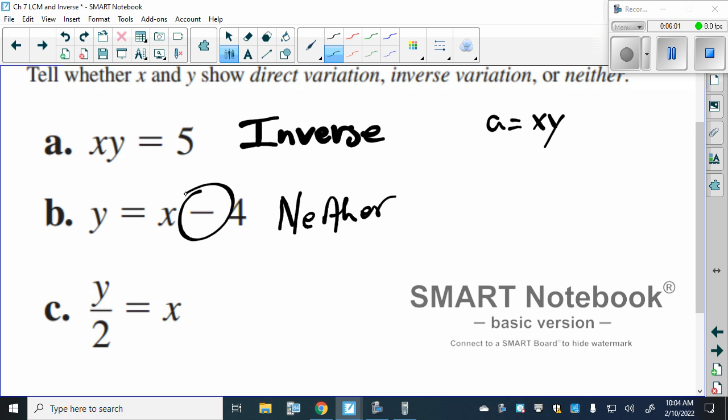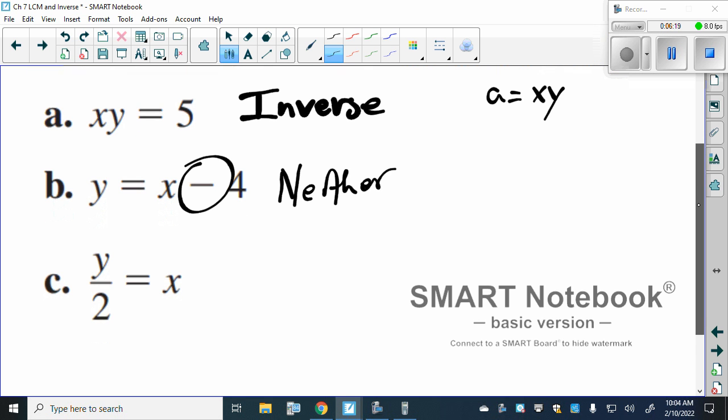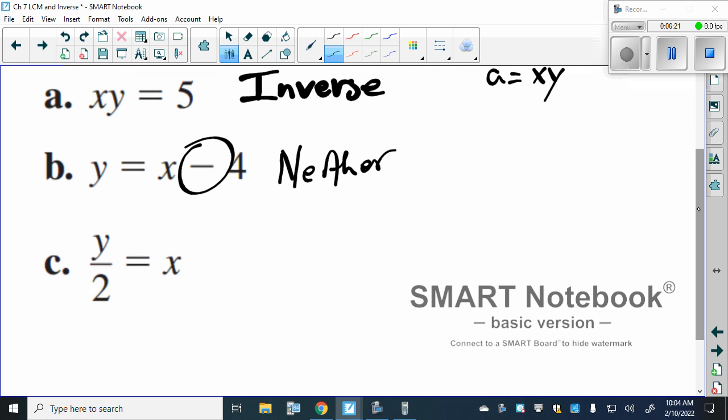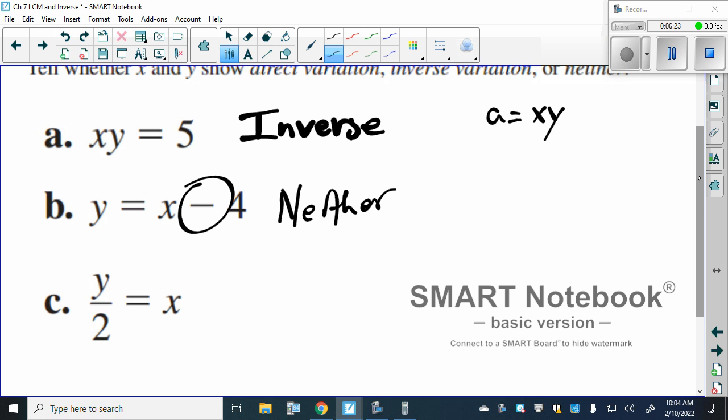With x and y, whenever they're working together, they're either being multiplied or divided. And if they're on opposite sides, the variable and the number should be either multiplied or divided. We won't have addition and subtraction, especially if they're on opposite sides. Any questions on the first two so far?